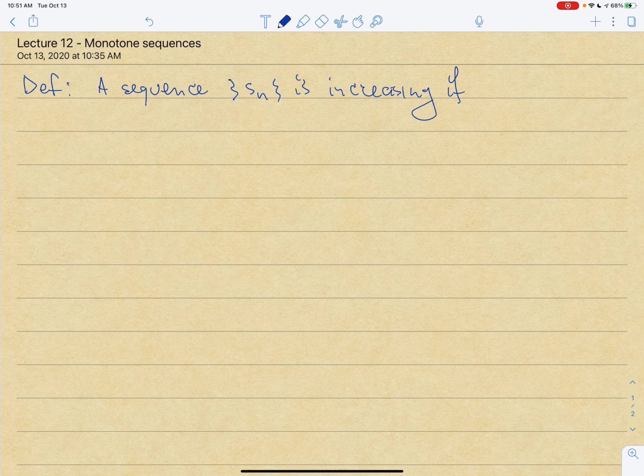So if Sn plus 1 is greater or equal than Sn for all n greater or equal than 1.